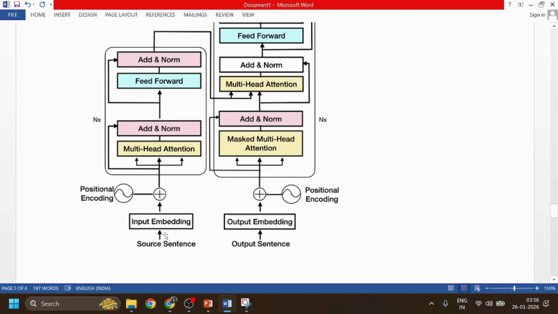So we need to add positional encoding to the embedding to tell the model the order of the words. So this combined representation goes into the encoder stack.